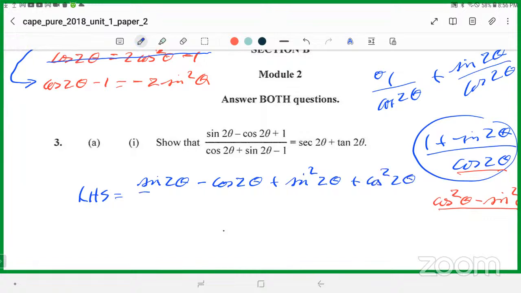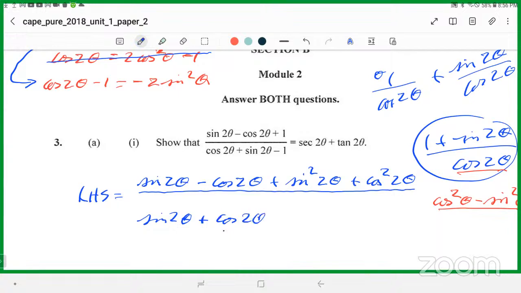So actually making it more complicated. And then under here now, I'm going to put this in front because it is in front at the top. I'm going to put it in front at the bottom as well. So I'm going to write sine 2 theta plus cos 2 theta.